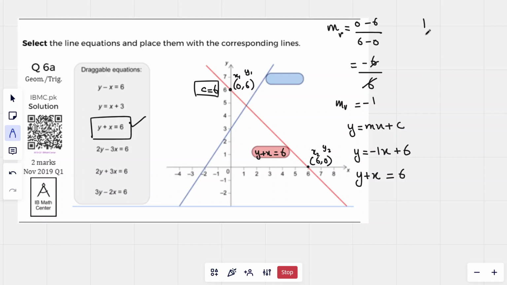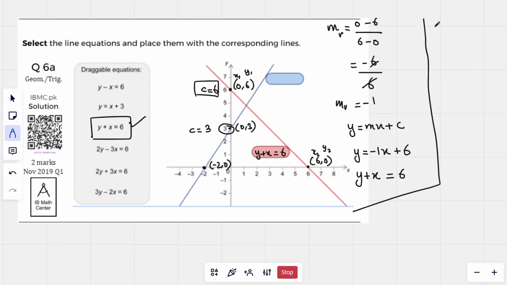Let's quickly find out the equation for the blue line. We know the value of the y-intercept is 3. We just need to identify 2 points. I can see this point is negative 2, 0. And I can see this point is 0, 3.